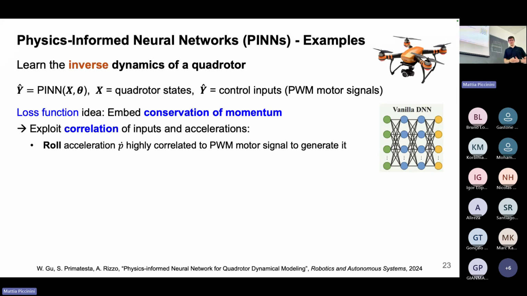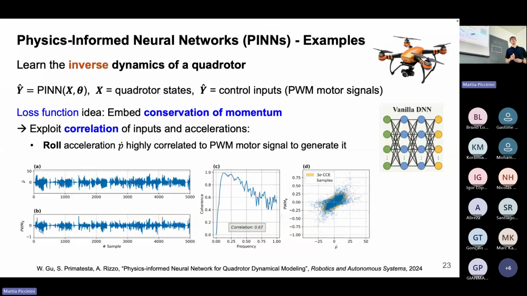And not only intuitively, they actually quantified the correlation coefficient, 0.67, whatever. So if you plot P dot, in this case the roll rate here, against the PWM signal to generate it, you see there is a correlation. When one is increasing, the other one is increasing as well.